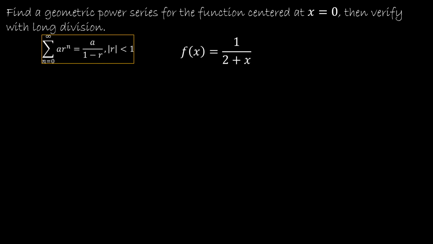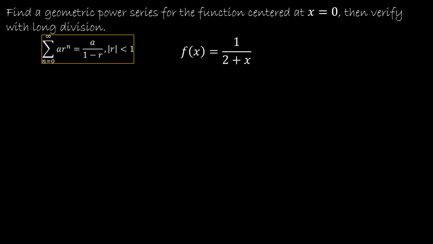Let's go through a full example now. If you'll notice, in this example, I have not given you the fundamental identity of 1 over 1 minus x. I've given you a different example instead. And this is most likely how it's going to look. So what you want to do is use the strategies that we just learned in our last example.